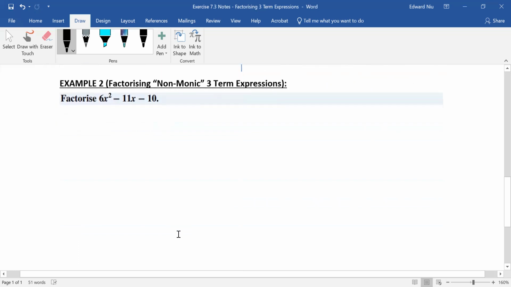Example 2, we take a look at non-monic three-term expressions. Non-monic meaning there's a coefficient in front of the x squared. So non-monic, let's highlight this.